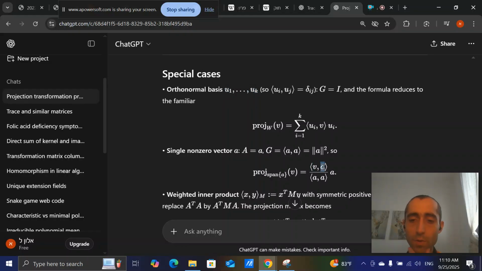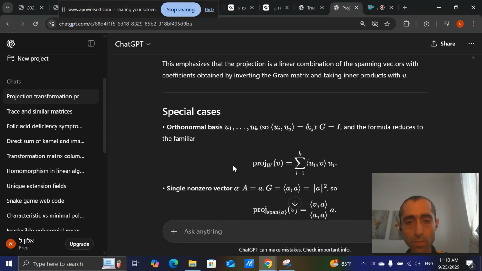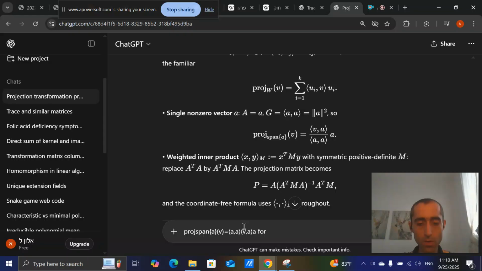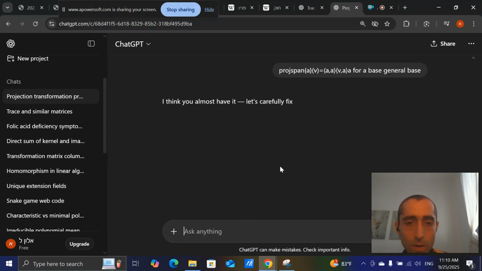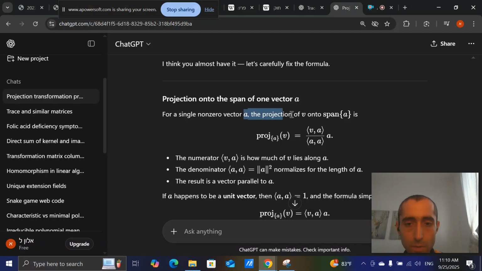So we take a vector and apply the projection to a general basis. As you can see, I can take a vector and project it to the span of A.